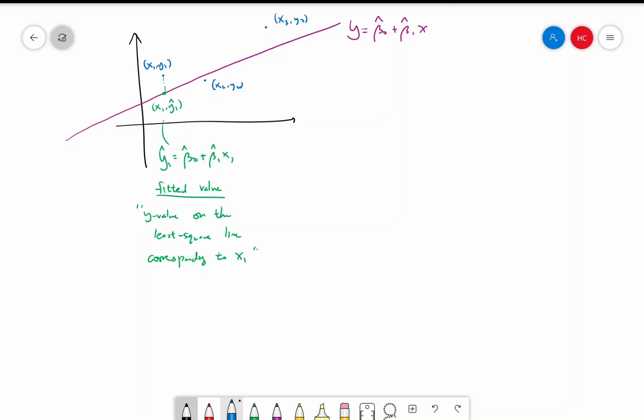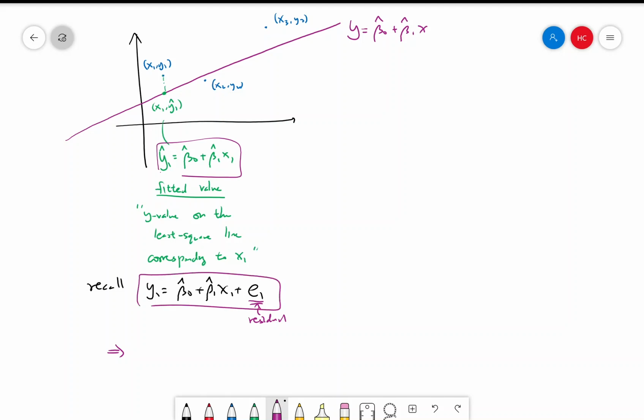But if you recall, y1 is equal to beta 0 hat plus beta 1 hat x1 plus e1. e1 is the residual. If you take the difference between these two equations, then we get y1 minus y1 hat is equal to e1.